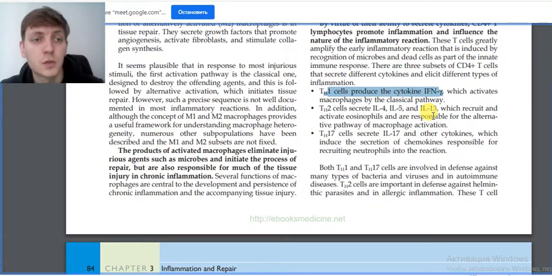You know that eosinophils are increased in number in response to allergic reaction. And Th17 cells secrete interleukin 17, that's why they're named Th17. They also cause the secretion of chemokines responsible for recruiting neutrophils into the reaction. So interleukin 17 is responsible for chemokine secretion by macrophages, and is present in acute inflammation too.